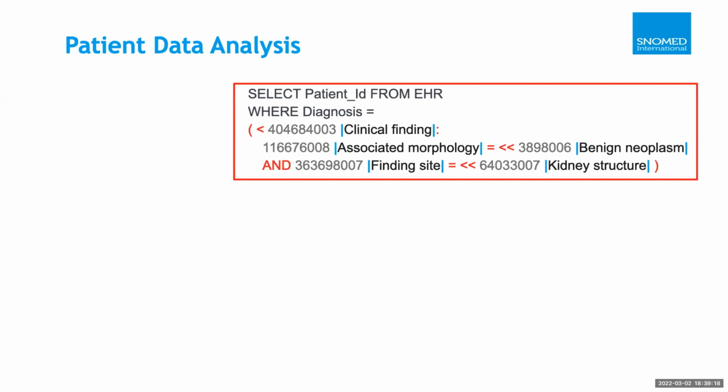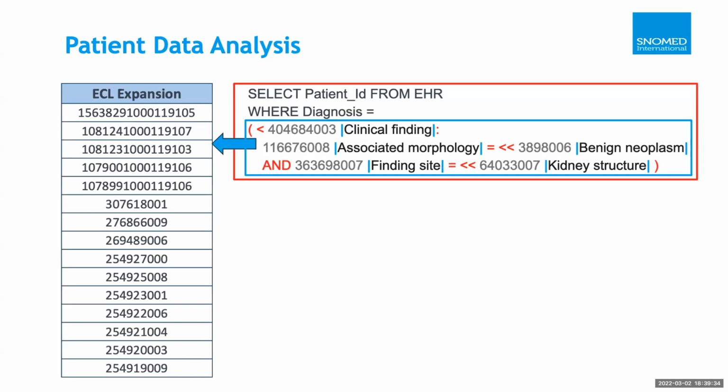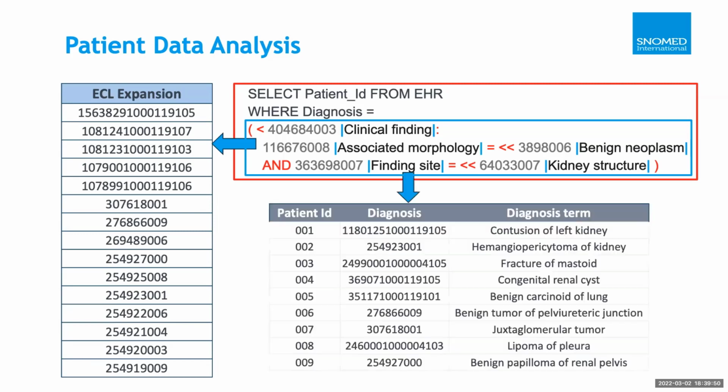We're now going to use this expression constraint query we created before to analyze patient data. We're going to look for those patients in our electronic health record where the diagnosis is a benign neoplasm of the kidney. Here's an excerpt from the expansion of our expression constraint. We use this expansion and step through our patient records one at a time to check if their diagnosis is in the ECL expansion.